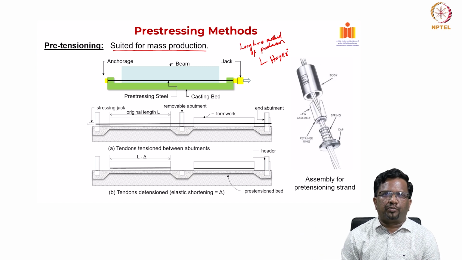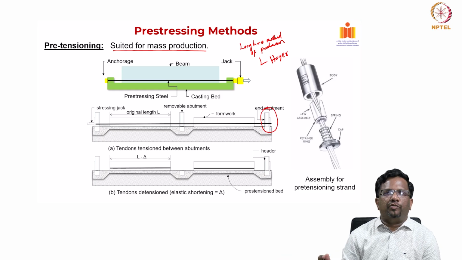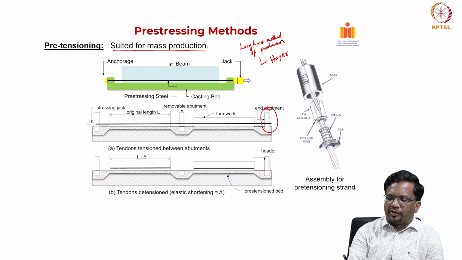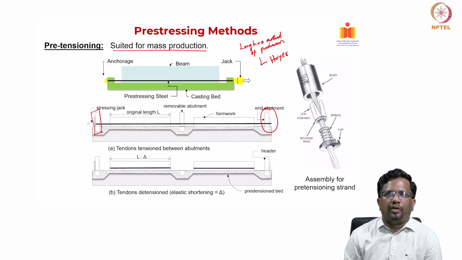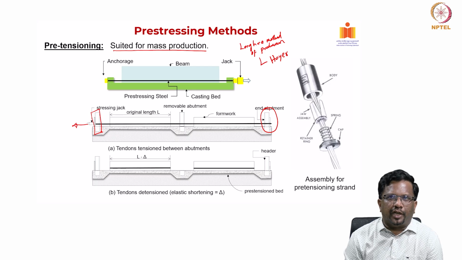Usually you have end abutments where the tendons are anchored, and then you have the stressing bed. This is also a very stiff abutment where you pull the strand using a hydraulic jack.